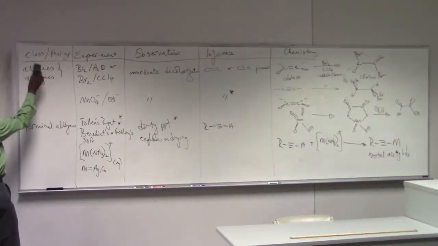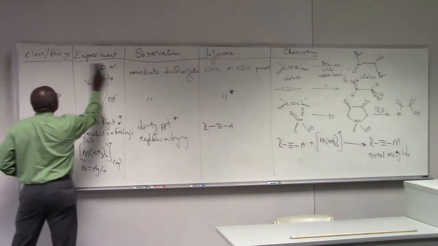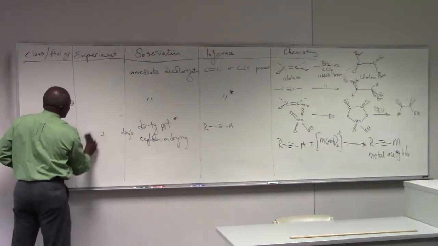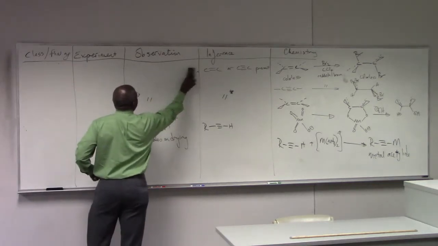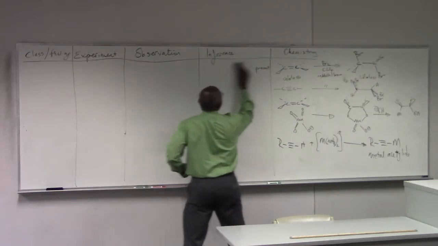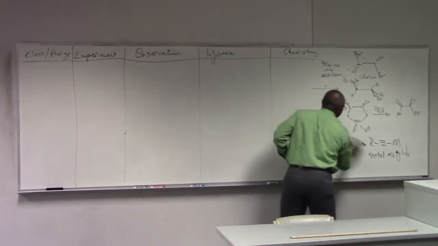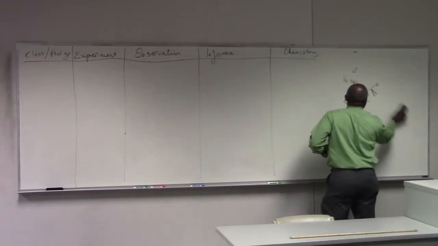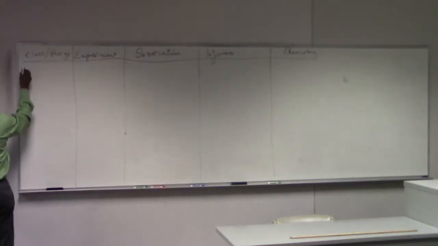Okay, so I'm going to use the same table, and we're going to go now, rather than the hydrocarbons, the alkenes and alkynes, to look at compounds at the alcohol level. So if I start with the haloalkane, there are specific tests for haloalkanes.